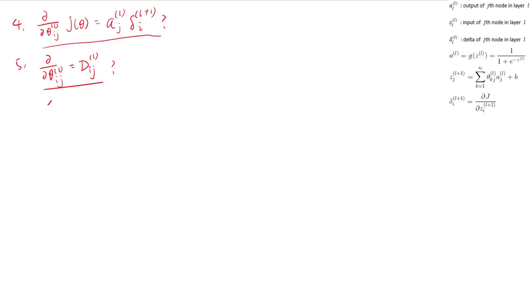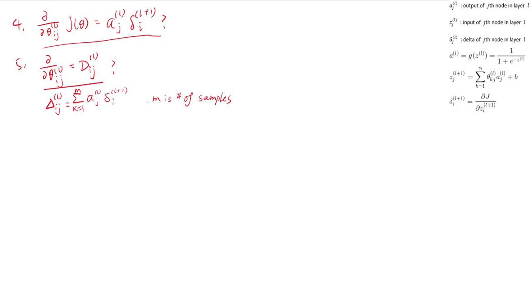We have big delta ijl equals the summation from k equals 1 to m of a jl times delta i l plus 1, where m is the number of samples.